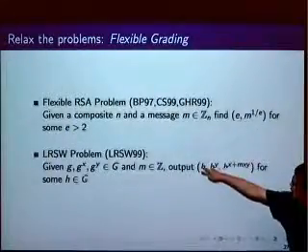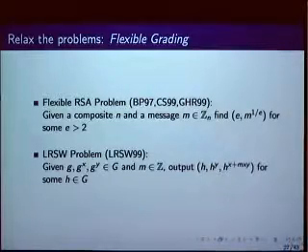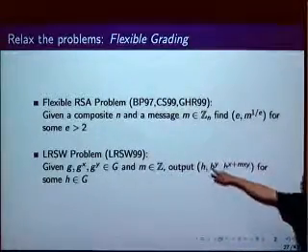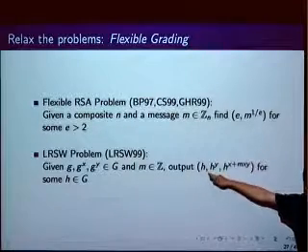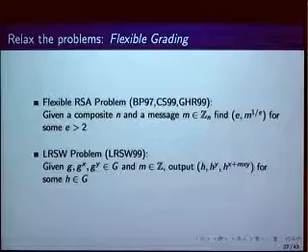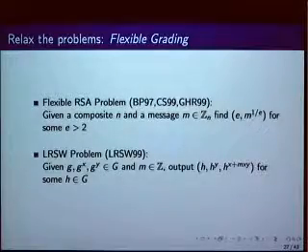It was used for anonymous credentials. Then we have flexibility for H. Actually, if H is fixed to G, it's the same as the Diffie-Hellman problem, but they allow any H here.